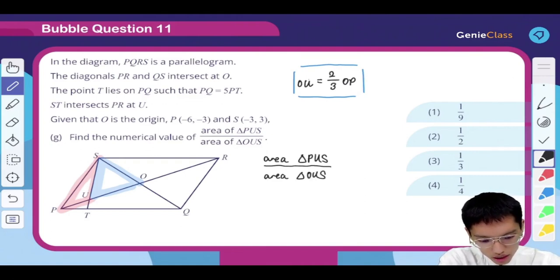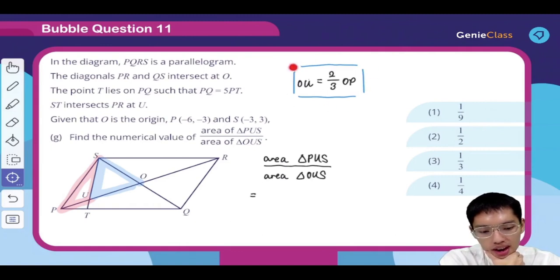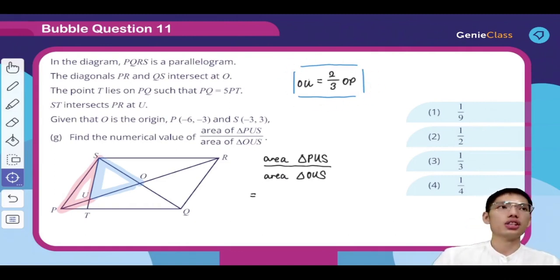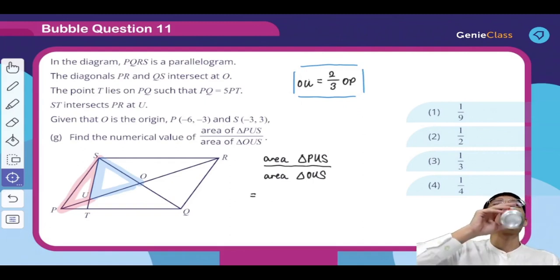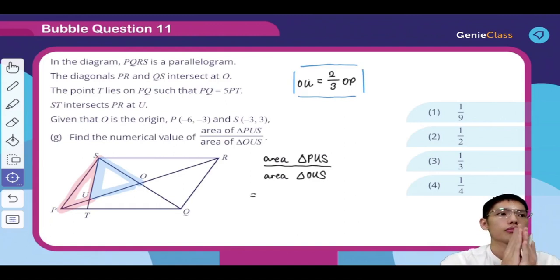How do I find out the fraction? This ratio, this relation, is very, very important for you to solve this. Last 5 seconds, hang in there with me.